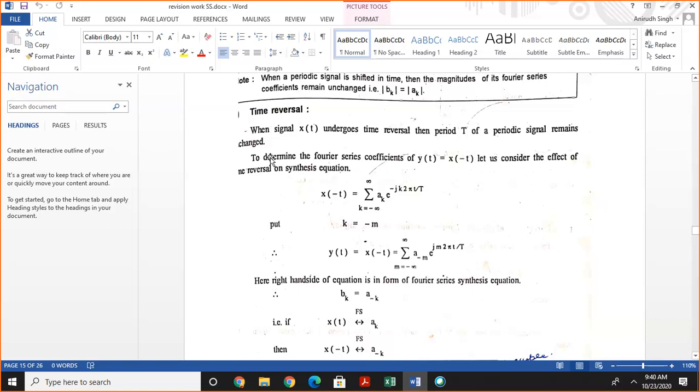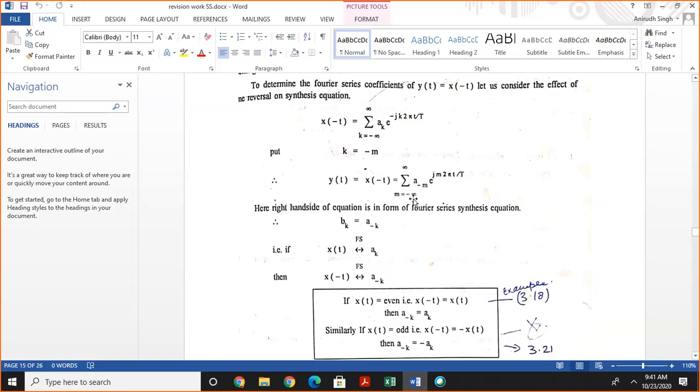We can easily take this term out of the integration, and what remains is the Fourier series coefficient ak. So we can say that when a periodic signal is shifted in the time domain, the magnitude of the Fourier series coefficient remains unchanged. Means the magnitude is the same, but there is a change in phase.